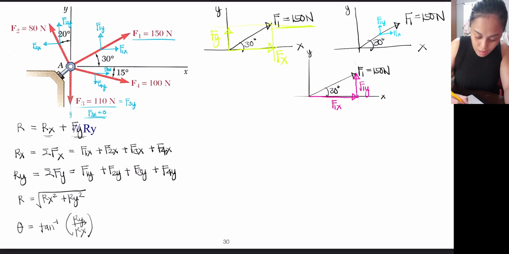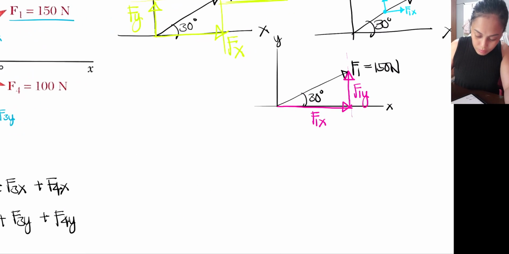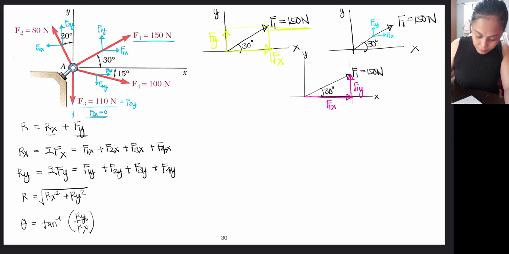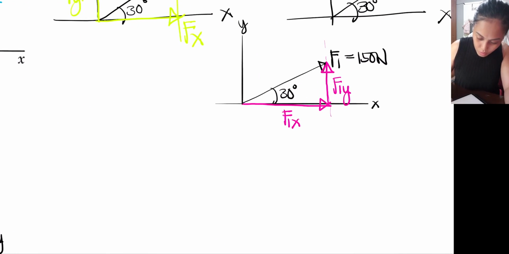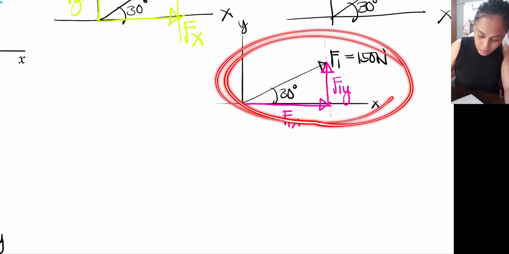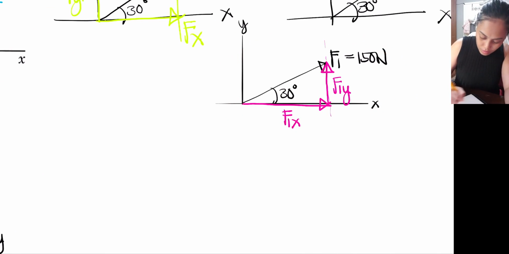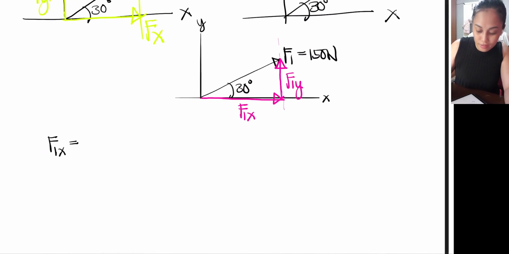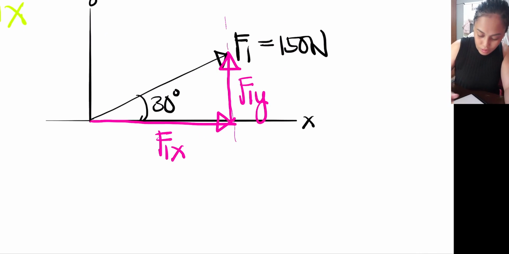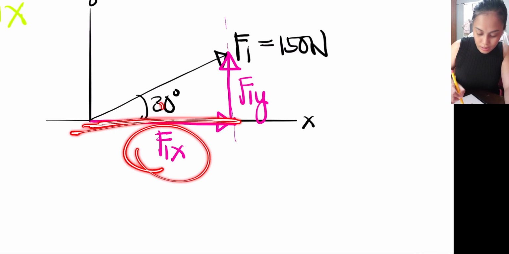So, kung ito siya isulatanan, dito mag-start sa F1. So, looking at this figure or this triangle, we have F1x is equal to, pila man yung value? From the triangle, ang F1x is adjacent the angle.